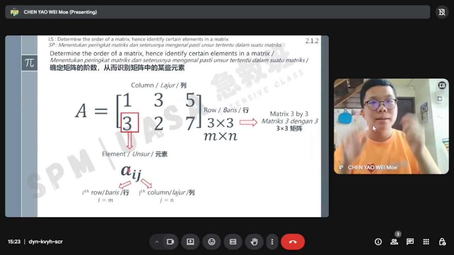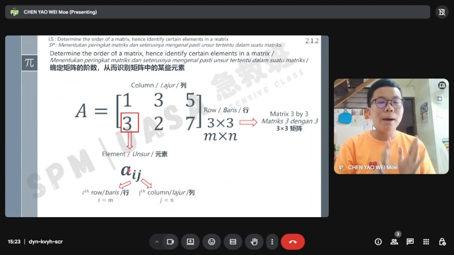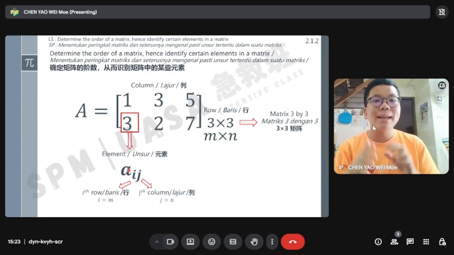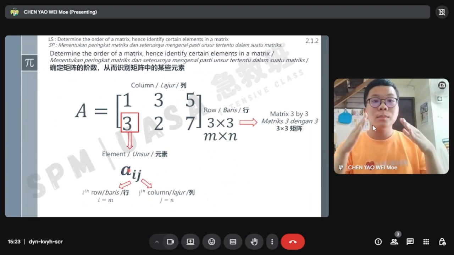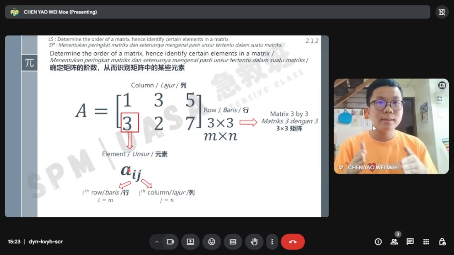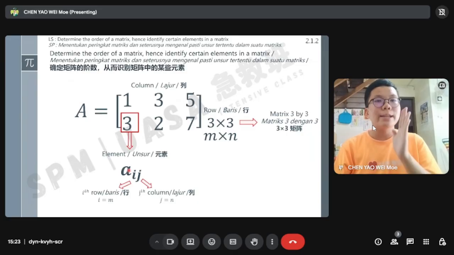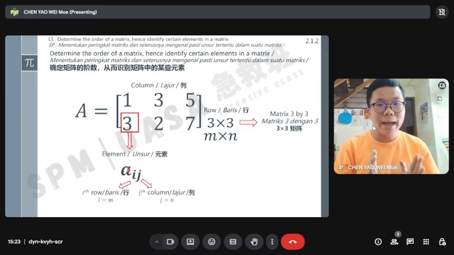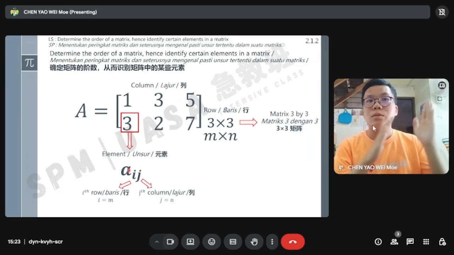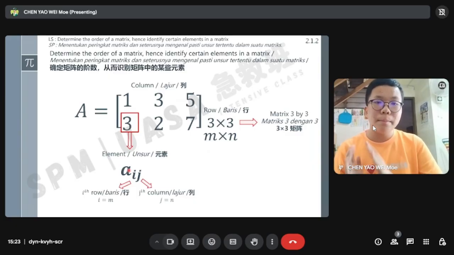Why do we say that? First, we need to know how to represent the order of the matrix. So you see, we have 2 rows and 3 columns. So we have a 2 by 3 matrix.